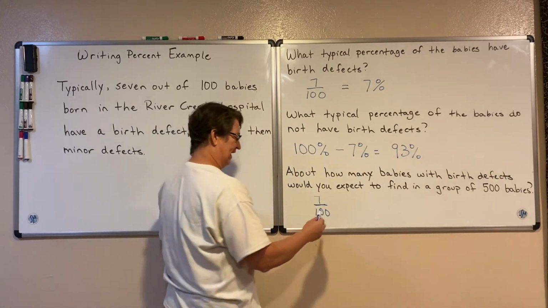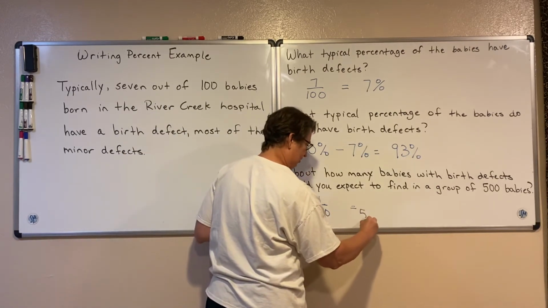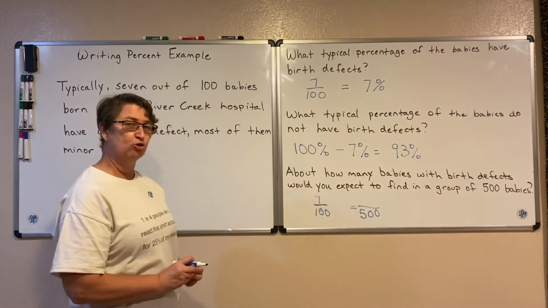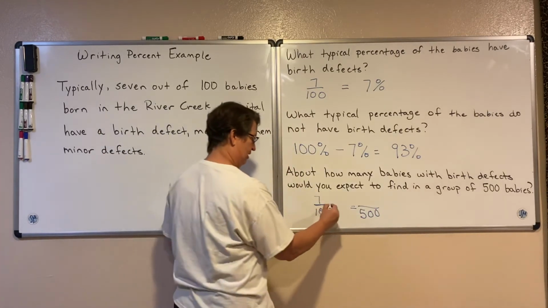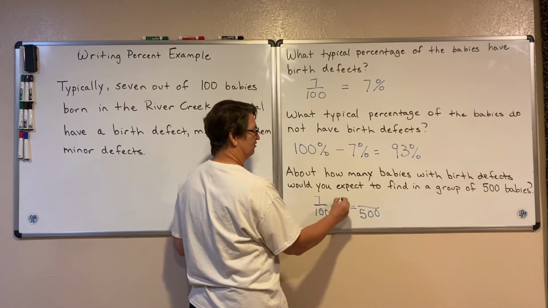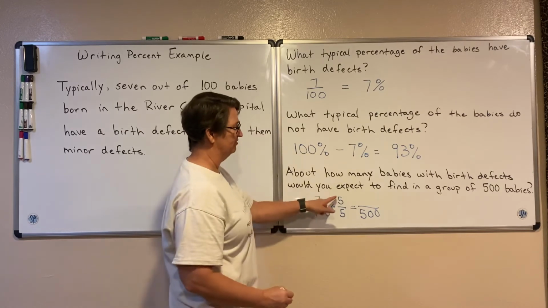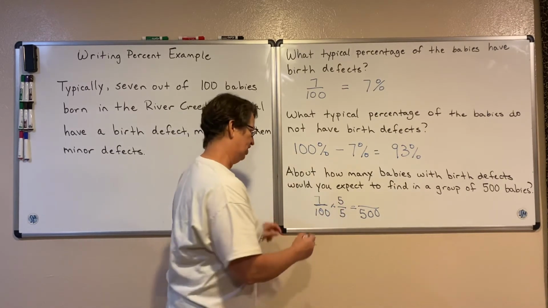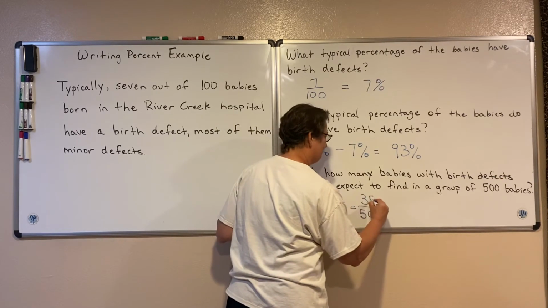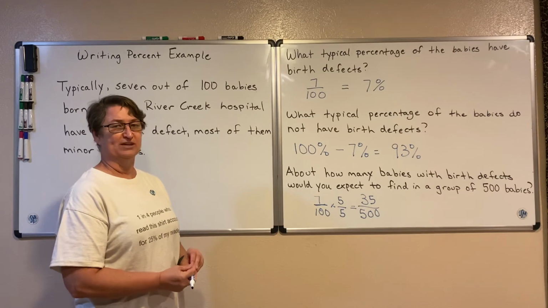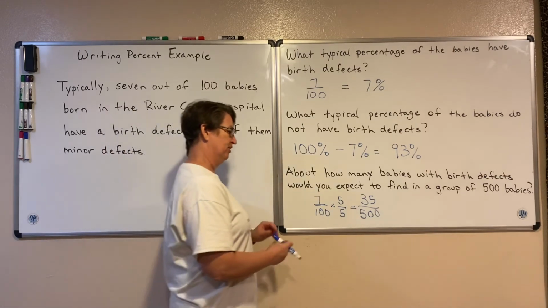So I'm looking at it where I want to look at out of 500. So one way to do it would be to multiply the denominator here by 5. And if I multiply the denominator by 5, I have to multiply the numerator by 5 because I'm really just multiplying by a fancy 1 so that the number doesn't change. So that 35 out of 500 babies would be expected to have birth defects.